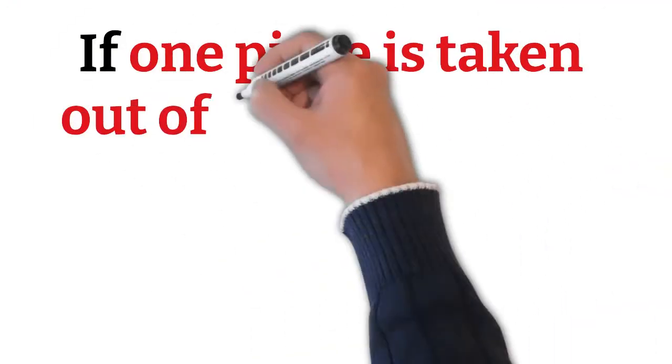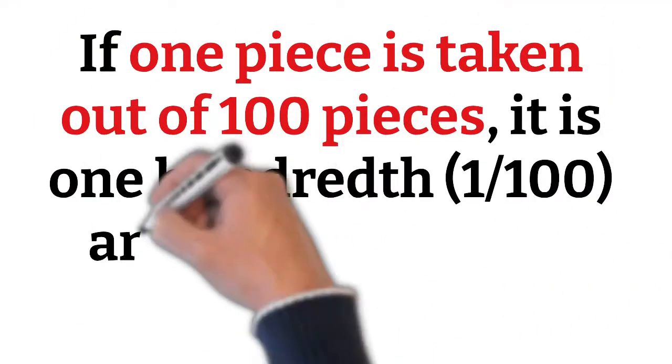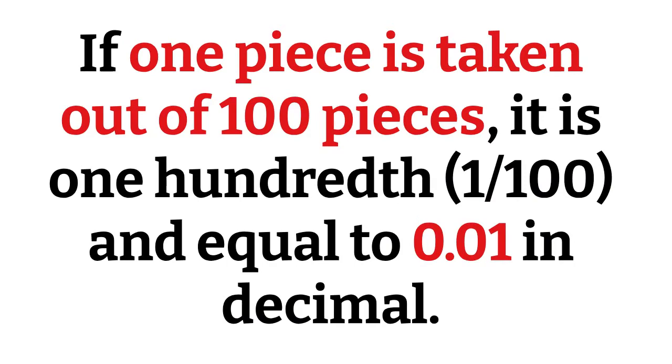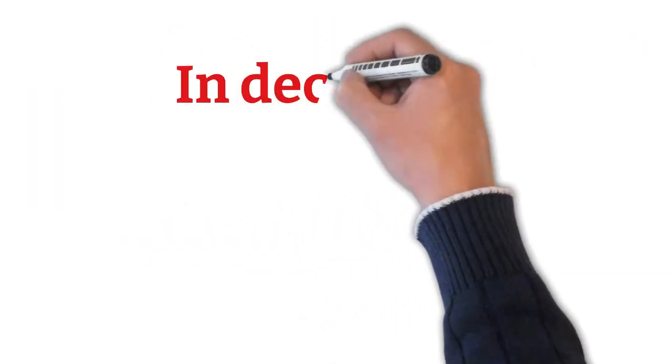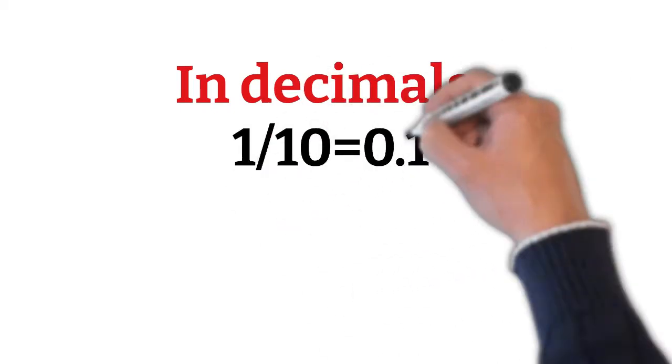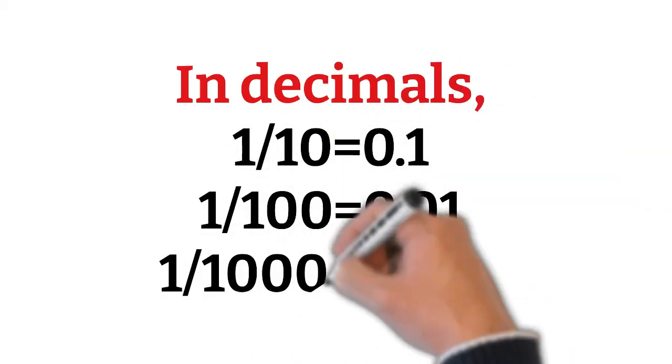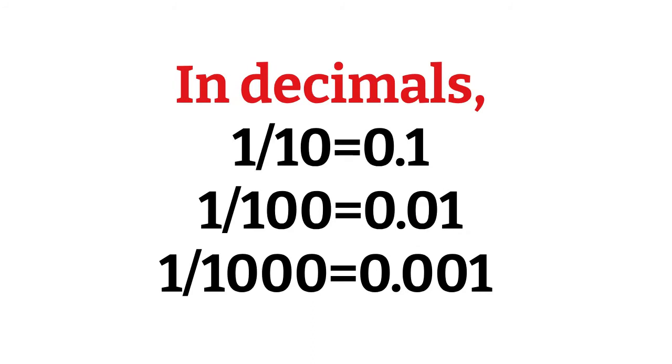Likewise, if one piece is taken out of 100 pieces, it is 1/100 and equal to 0.01 in decimal. Thus, in decimals, we write 1 by 10 equal to 0.1, 1 by 100 equal to 0.01, 1 by 1000 equal to 0.001 and so on.